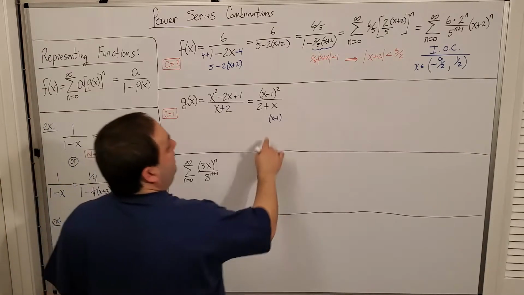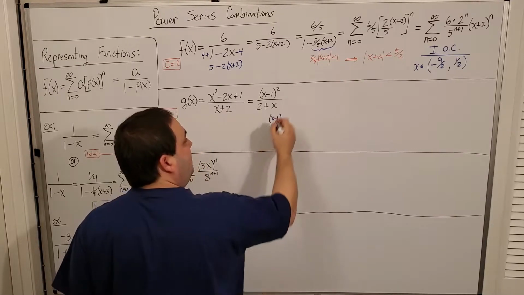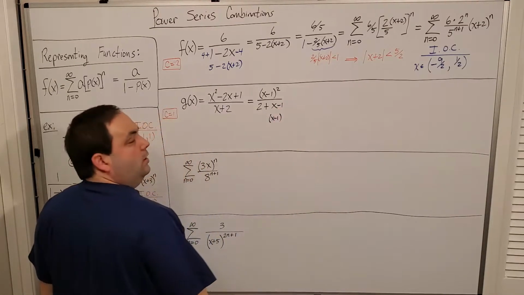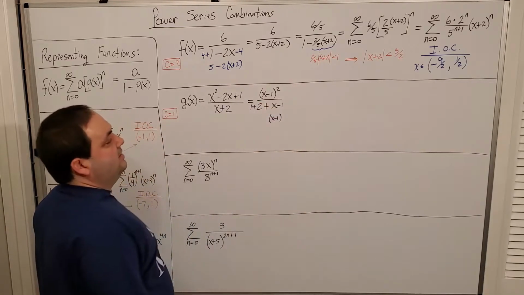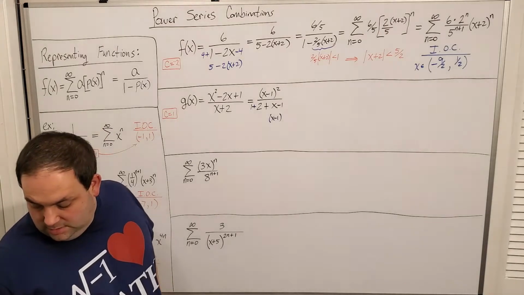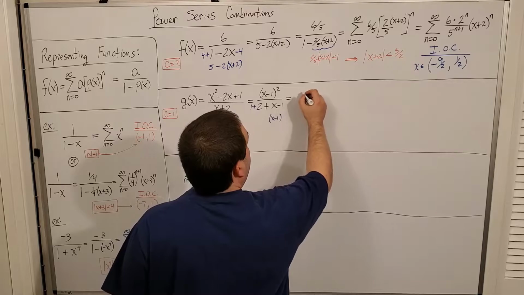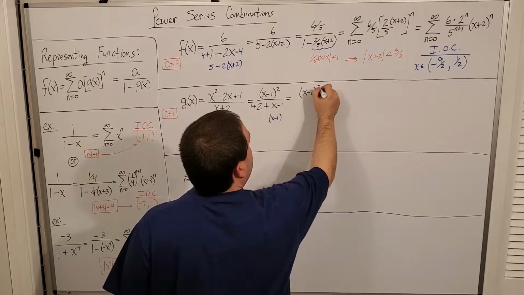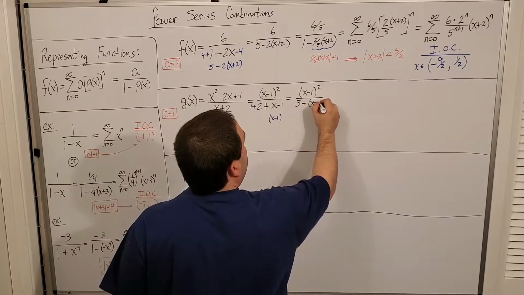I would really like to have an x minus 1 here. So to facilitate that, I'm going to do a minus 1, which means I'm also going to do a plus 1 to balance it out. And that's going to cause me to change up my denominator a little bit. I now have x minus 1 squared over 3 plus x minus 1.